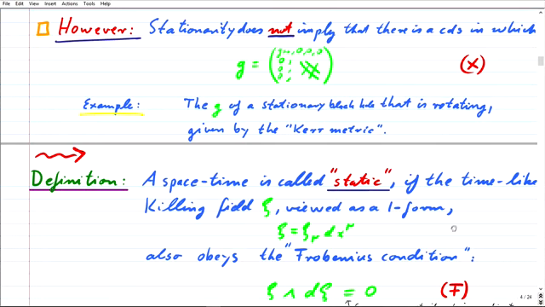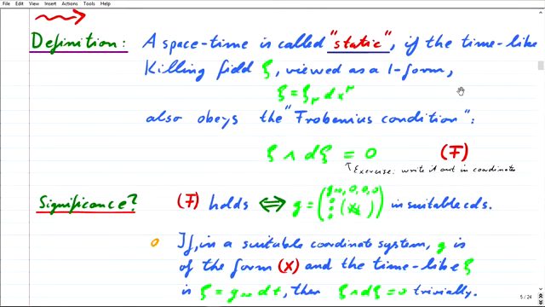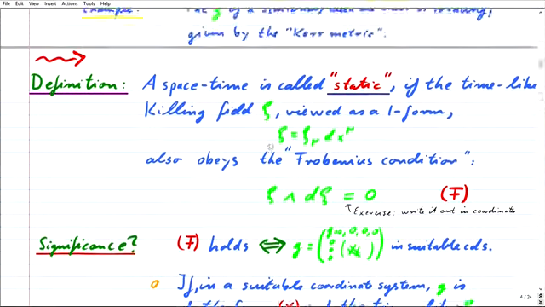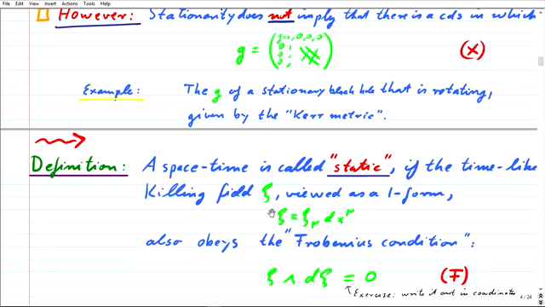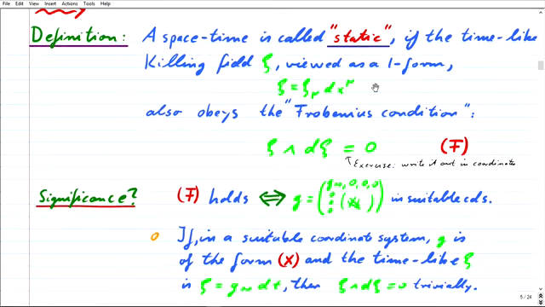There's a mathematically nicer, because coordinate-system independent, way of saying this: a spacetime is called static if it has a time-like Killing vector field psi, which when viewed as a one-form, so we are pulling the index down and it's a covariant vector field, obeys the so-called Frobenius condition.